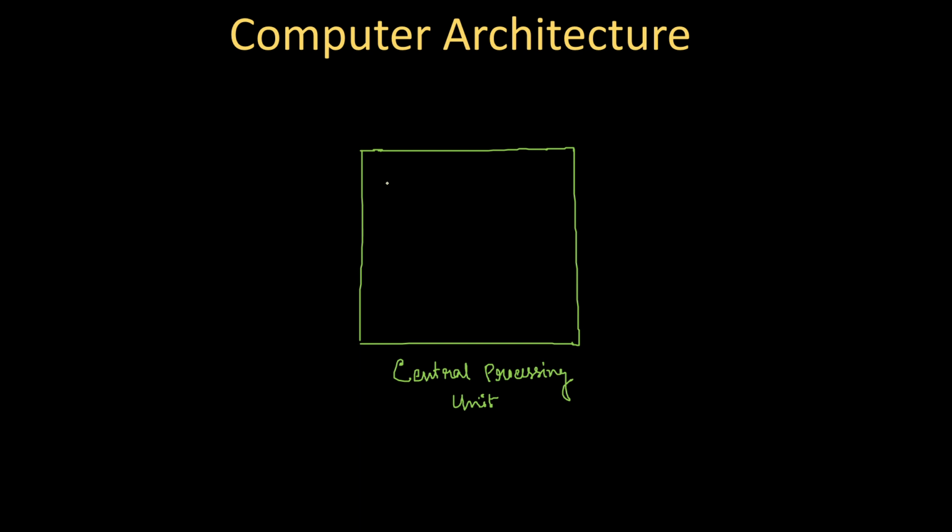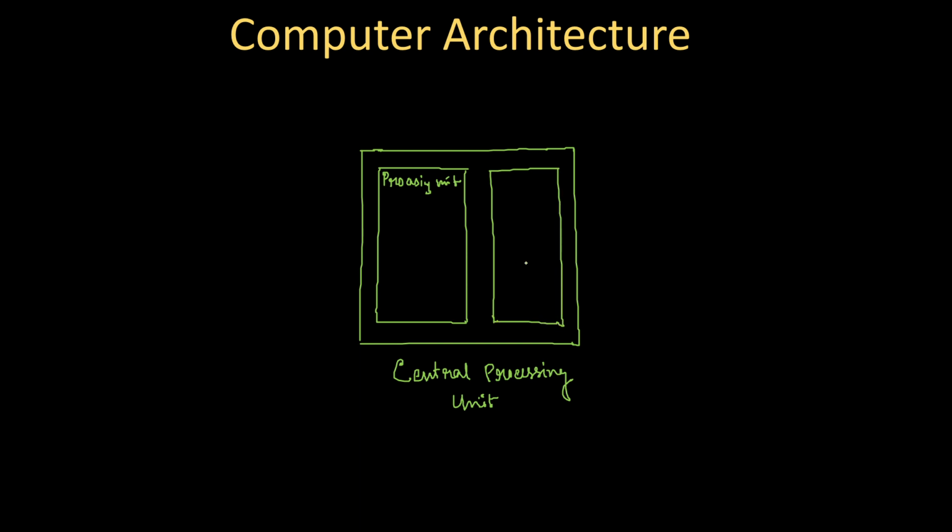And we know that this CPU has mainly two parts. That also we have seen. On one side we have, say, the processing unit, and on one side it's the memory unit, right?